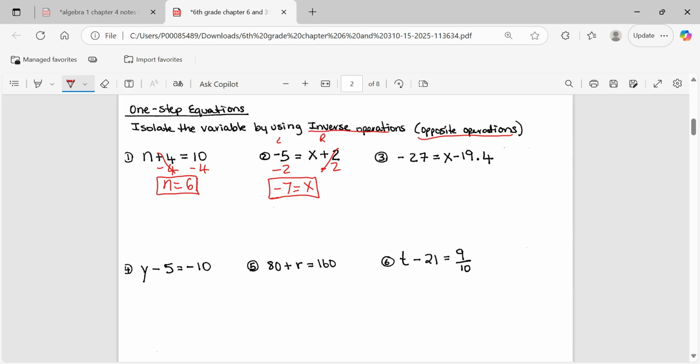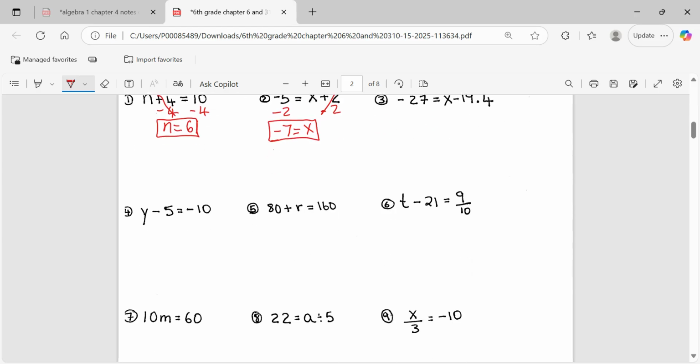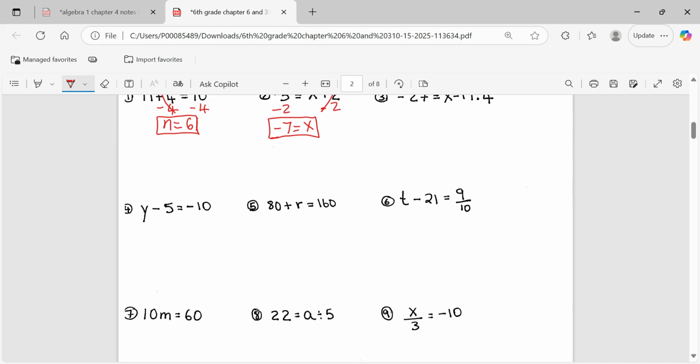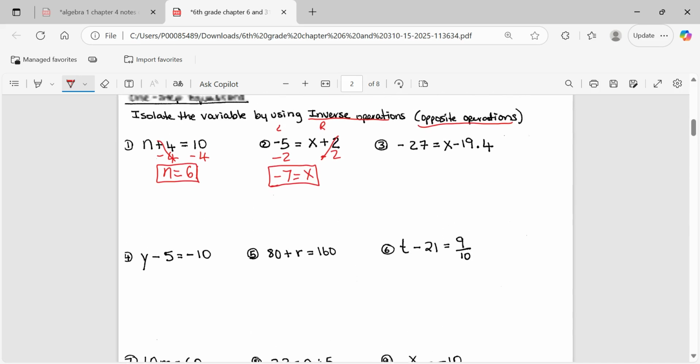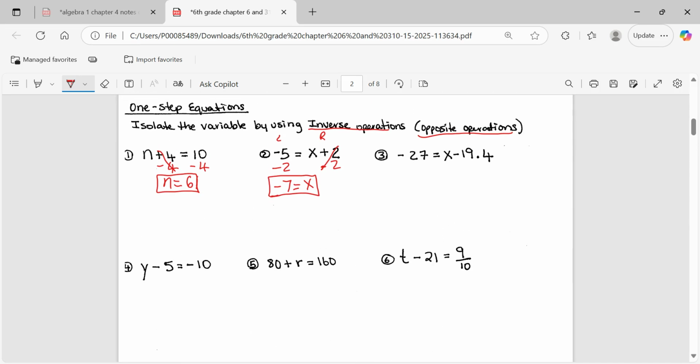We can go ahead and try, oh, do I have a fraction? Another one. Kind of come down here because if it's a fraction, same thing is going to apply. The opposite of subtraction is addition because my variable t is on the left side.